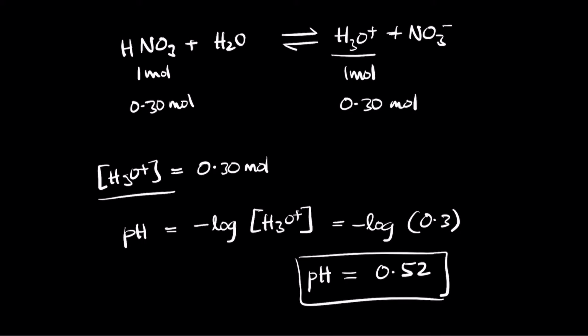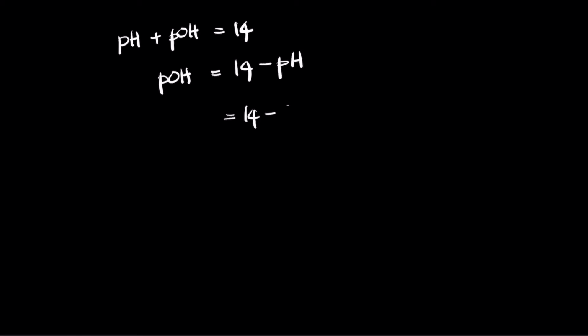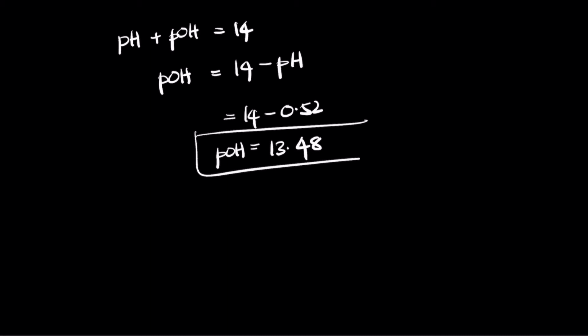Based on the pH value, we know the formula that pH plus pOH equals 14, so we can find pOH, which is equal to 14 minus pH. That is 14 minus 0.52, which is 13.48. So this is the pOH. So we found the pH and pOH.